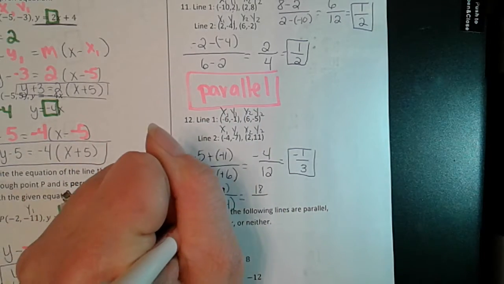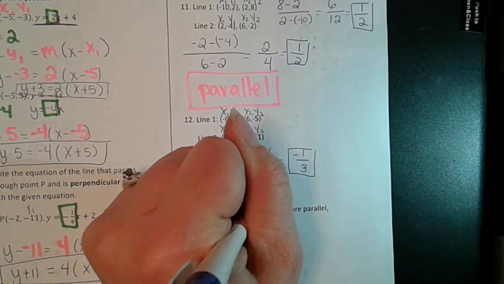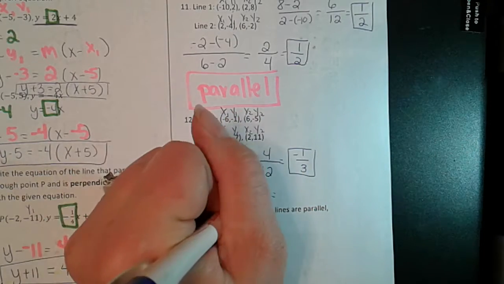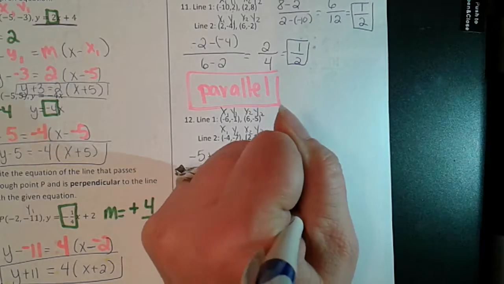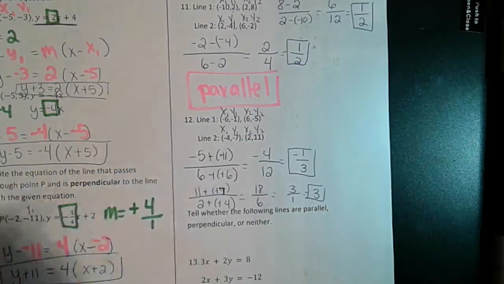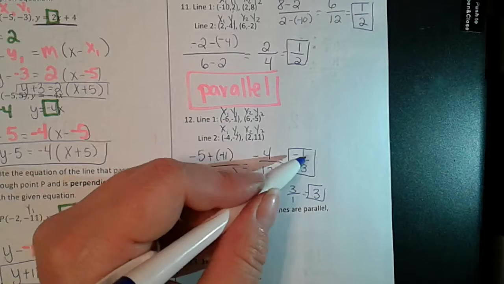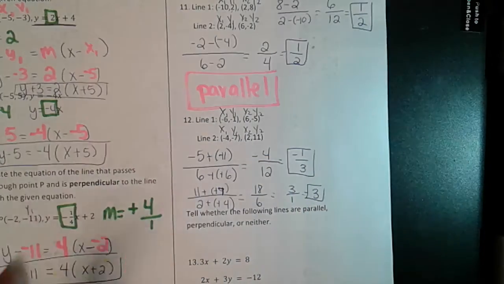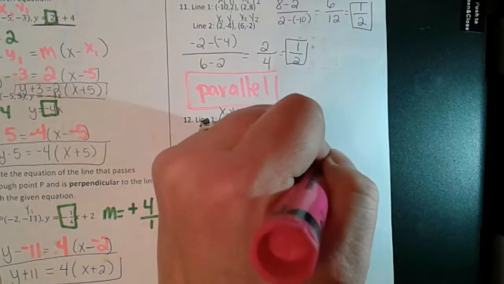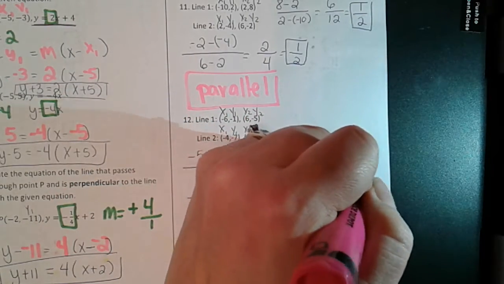And that's really 2 plus 4, which is 6. You can divide both top and bottom by 6, and you get 3 over 1, which is positive 3. If you look at these two slopes, one is negative 1/3, and if you flip that and change the sign, it becomes 3. So these ones are perpendicular.